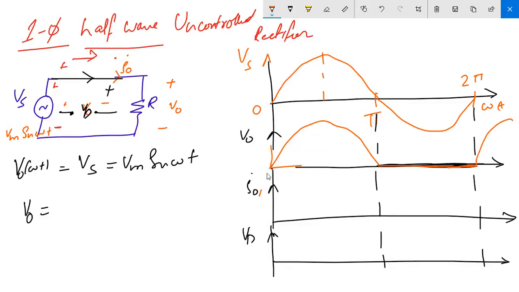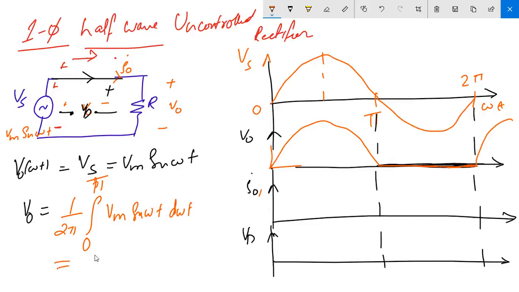So what is the time period? The average V naught is 1 upon 2 pi times the integral from 0 to pi, because you are getting a sinusoidal waveform here, of Vm sin omega t d omega t, and the rest of the part is 0, so I am not going to integrate it.